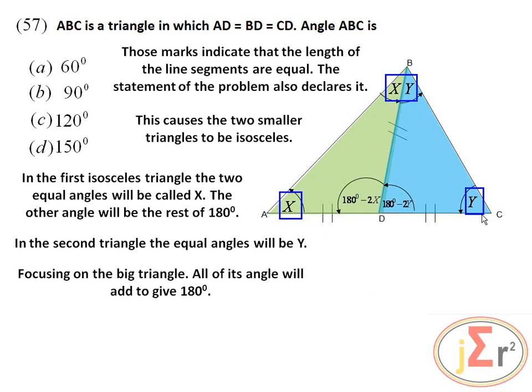Those are the three angles that make up the large triangle. We are going to add them. So we have x, to be added to x plus y, which is to be added to y. Add them together, we get 180 degrees.